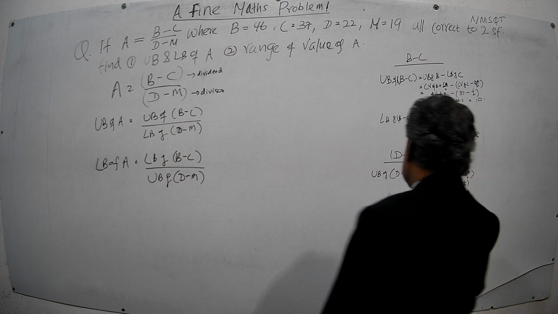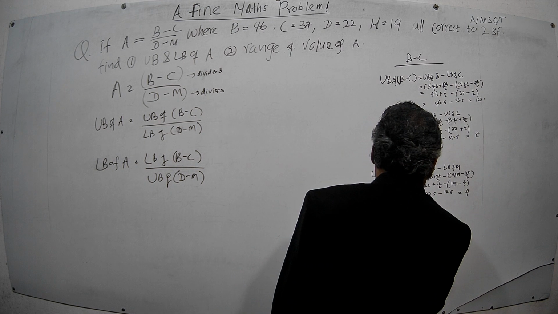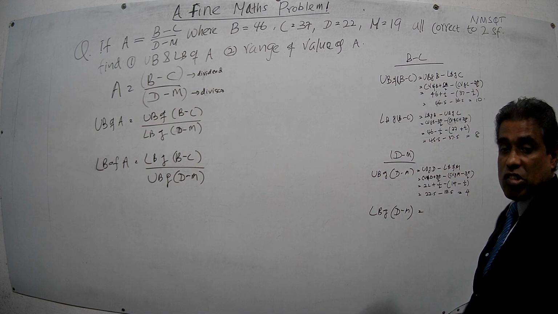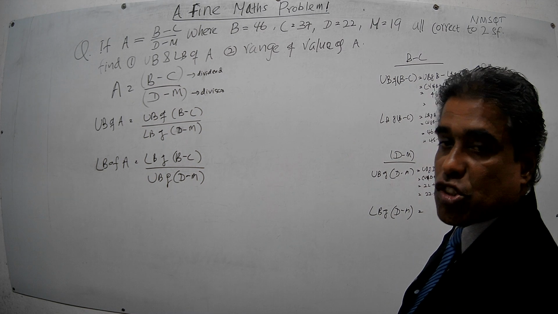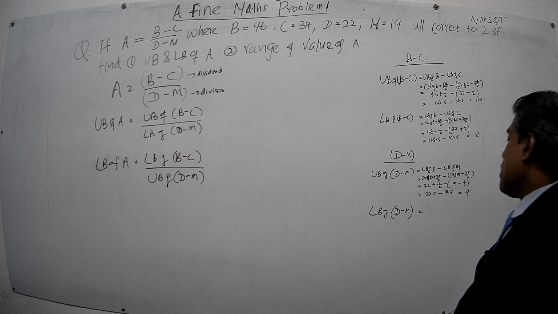Then the lower bound of D minus M. What is the formula to find the lower bound of a difference? The lower bound of a difference is the lower bound of the larger value minus the upper bound of the smaller value.